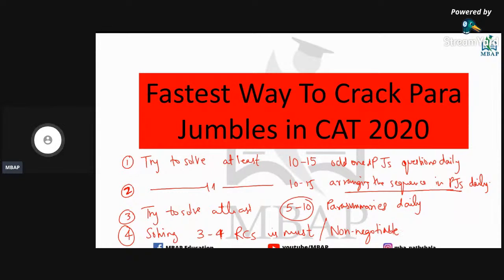No, it is non-negotiable. Minimum 3 and maximum 4. 3 to 4 RCs should be good enough on a daily basis. So, guys, if you observe carefully, 10 to 15 of odd one out parajumbles, 10 to 15 arranging the sequence, 5 to 10 para summaries, and then 3 to 4 RCs on a daily basis is a must.